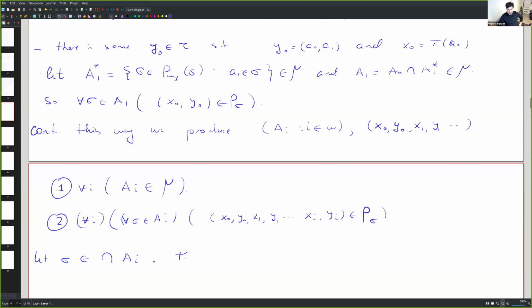Then we have that sigma now belongs to C_I tau, as witnessed by exactly these y's, just take the union of yi.